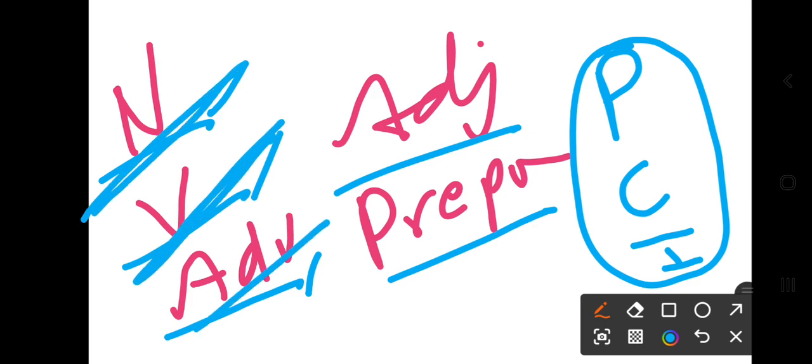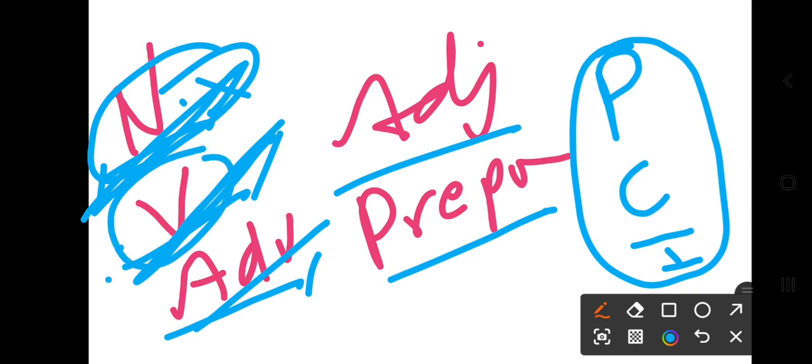In a noun phrase, the noun is the head word, and before and after the noun there are some words or modifiers, and the whole is known as a noun phrase. Similarly, in a verb phrase, helping verbs and modal verbs come before or after the head word, that is the main verb, and this is called a verbal phrase. Then adjective phrase, then adverb phrase, then prepositional phrase, right?